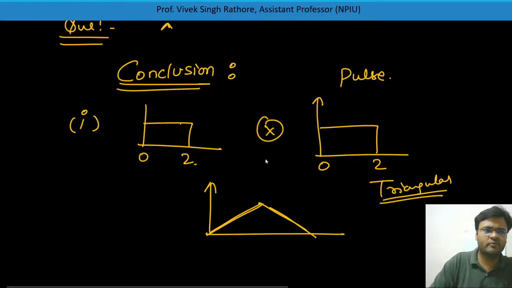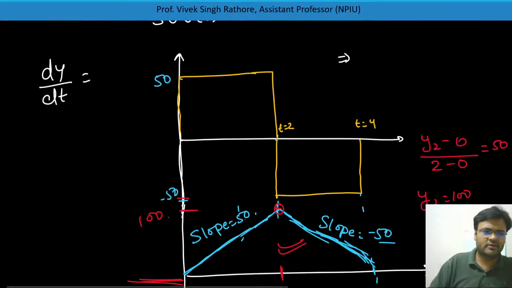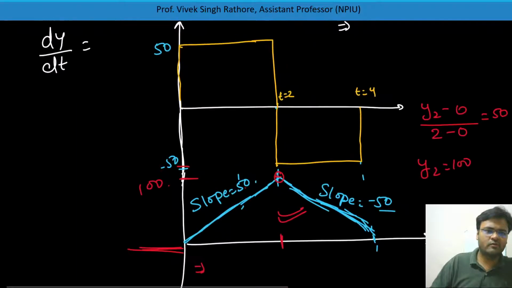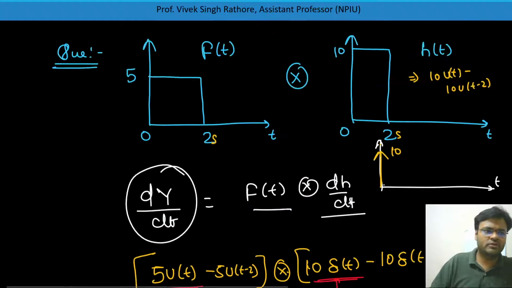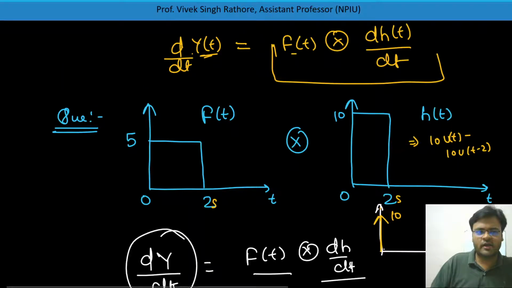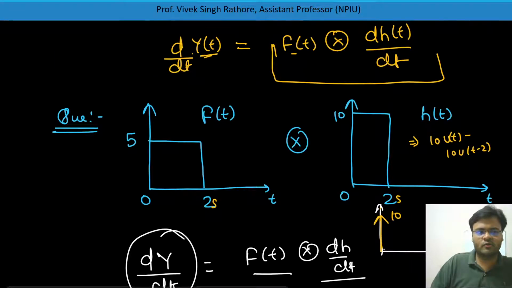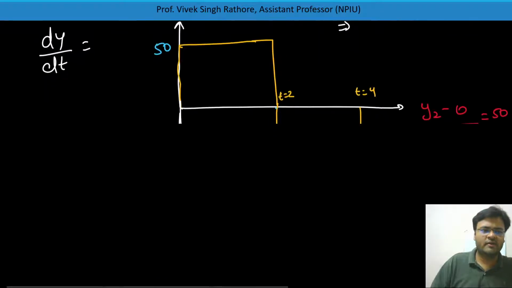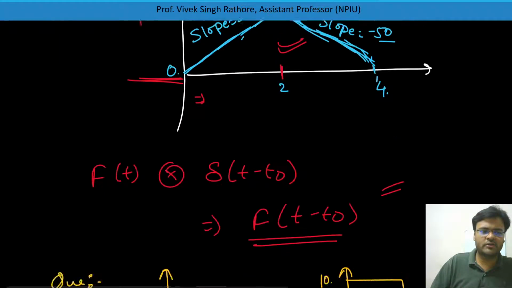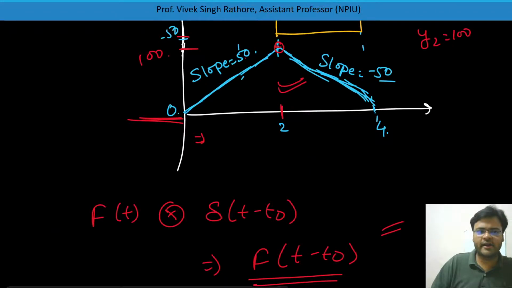So the second conclusion we have got, let's see our answer. This value started from 0, this value was 2 and this value was 4. So if you see the input 0 to 2 convolved with 0 to 2, the output is 2 plus 2, 4, and the input is 0 plus 0, means the output is starting from 0 only and ending at 4 only.